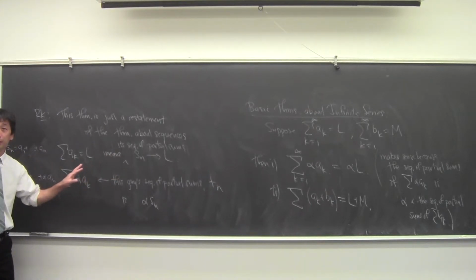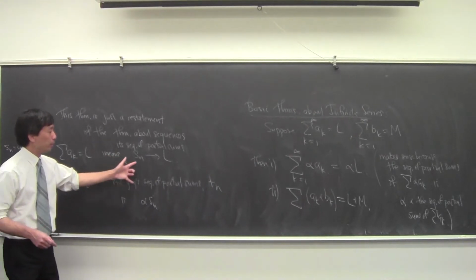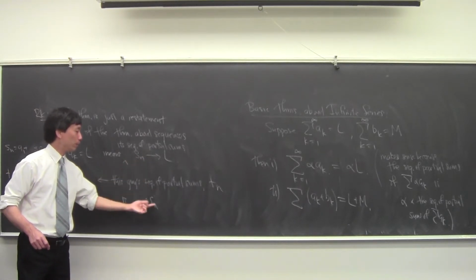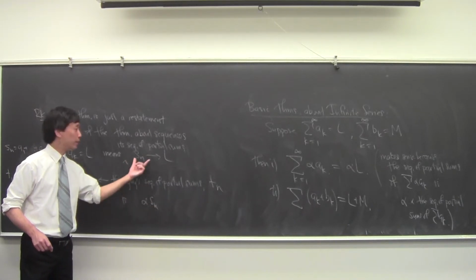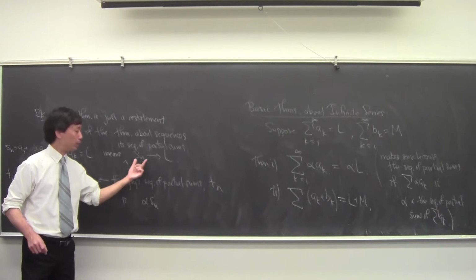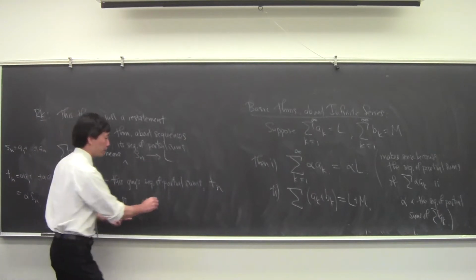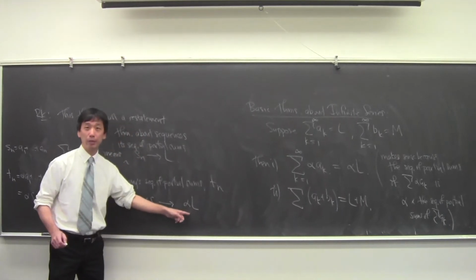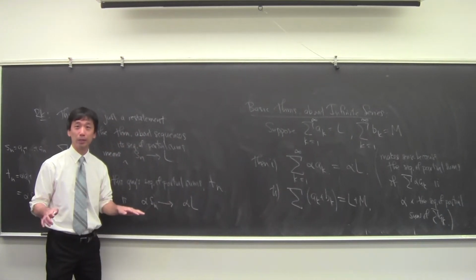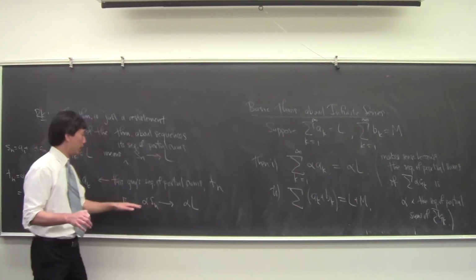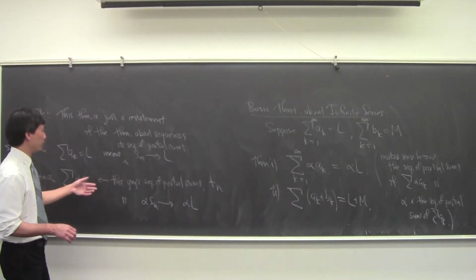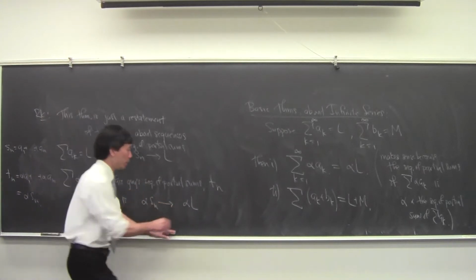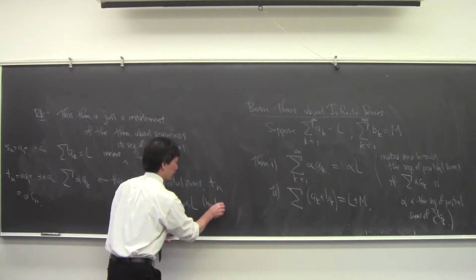Then we have the theorem that says if you have a sequence that converges and you multiply it by alpha, it will converge to the limit of the other guy multiplied by alpha. This was the limits in arithmetic statement. So this guy's sequence of partial sums converges to alpha L by limits in arithmetic.